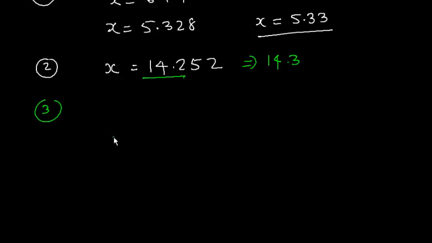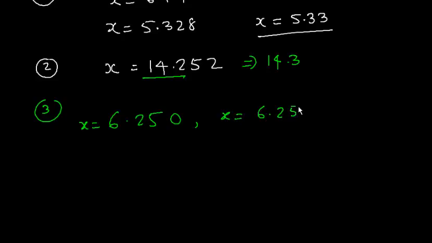However, let me talk about another rule. If the digit to be dropped is simply 5 or 5 followed by 0, then it will depend like this. Suppose x is equal to 6.250.